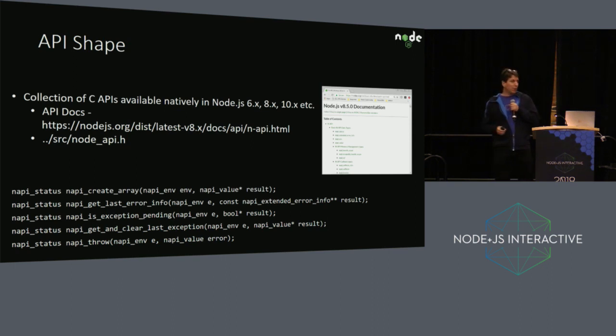In terms of the API shape itself, it's basically a collection of C APIs. As I said, we use C because that's easier to maintain stability. You'll notice that every function returns a napi_status. So basically, this is a standard pattern that we use. If you get a napi_ok, that means what you requested happened, everything was fine, you can just move on.